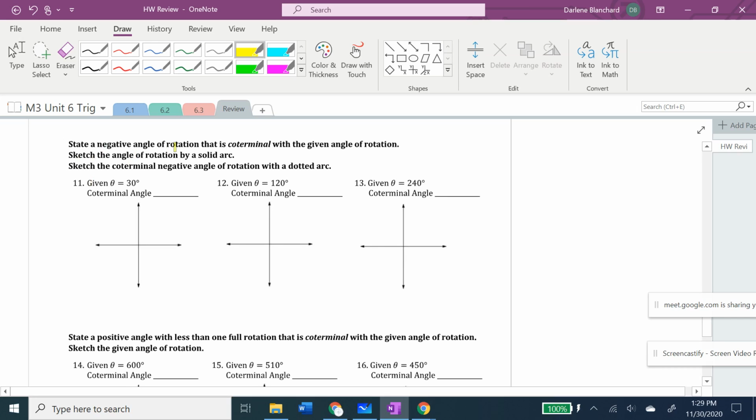For this problem, you're going to state a negative angle that is coterminal. You're given 30 degrees. What do you need to do to find that angle?